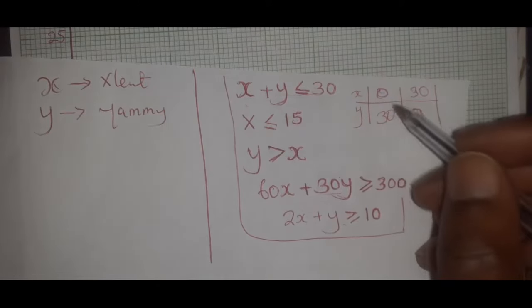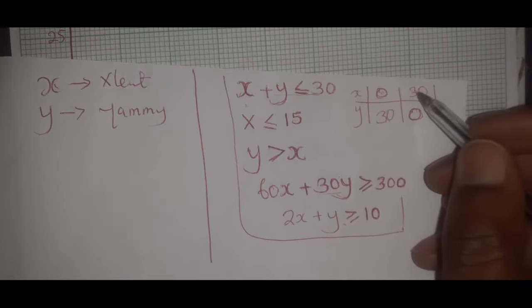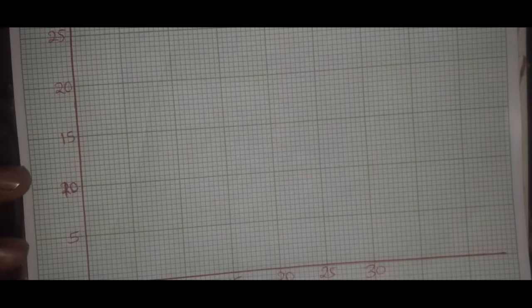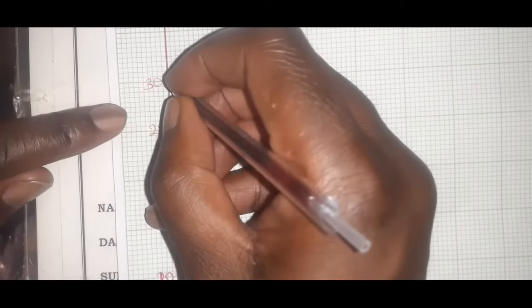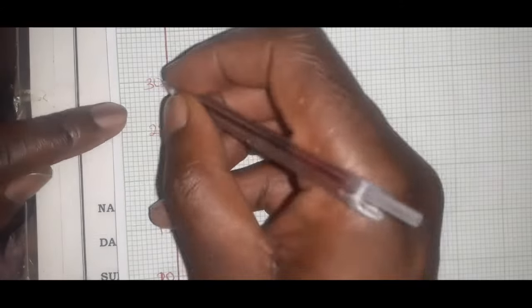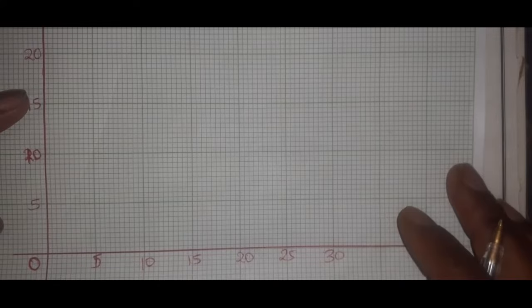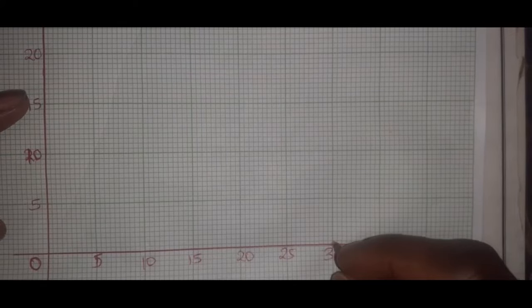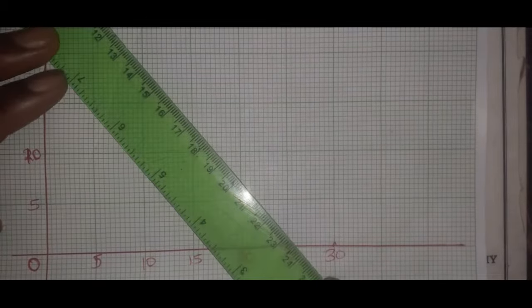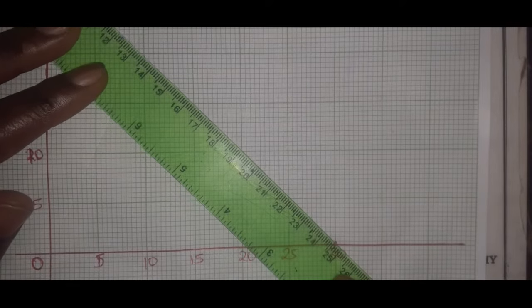So we are going to use these coordinates 0, 30 and 30, 0. So 0, 30 is this point, and the 30, 0 is this point here. So we need to join them.